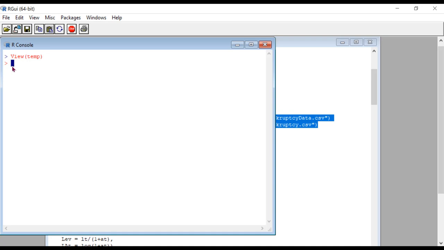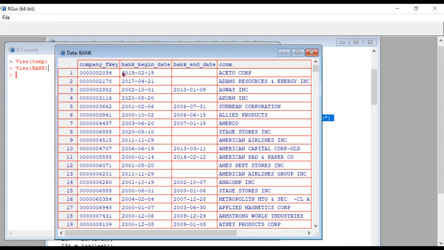Then in the other data set, we have this company key here. This is the identifier that's provided by the SEC, so this is their CIK code, and I've already merged that onto another identifier that we already have. This is the beginning of the bankruptcy date. This is the end of the bankruptcy date.